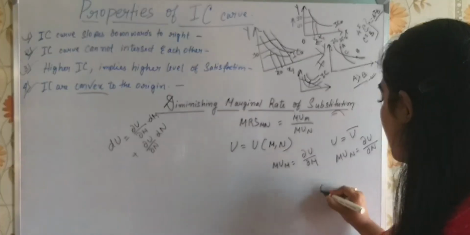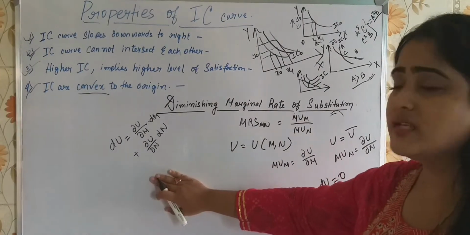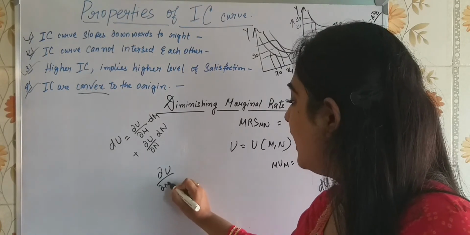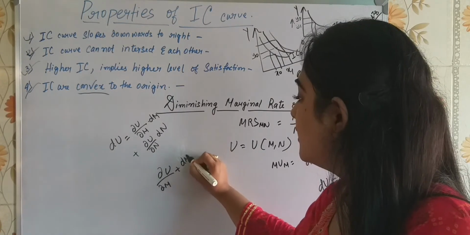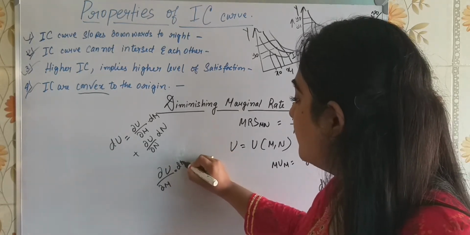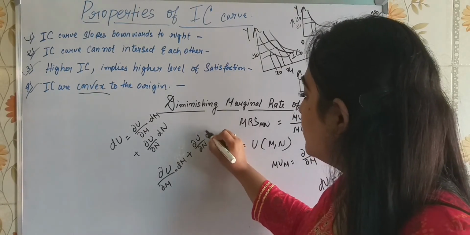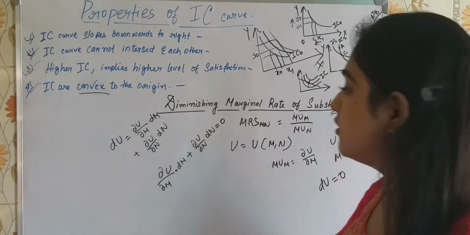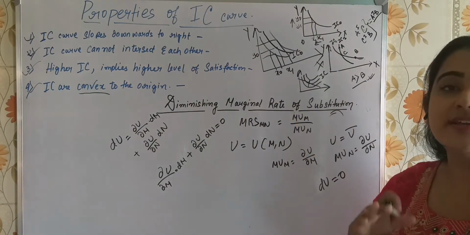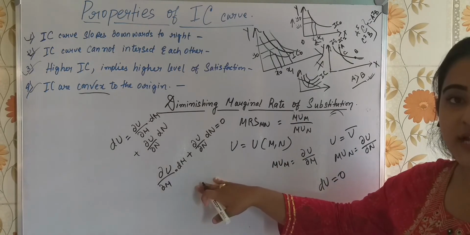So we must be knowing that du is actually equal to 0. So we set it to 0. What do we get? We get del u by del m into dm plus del u by del n into dn must be equal to 0. Why did we set it to 0? Because along an IC curve, the level of utility is going to be the same. So utility here is constant, right?